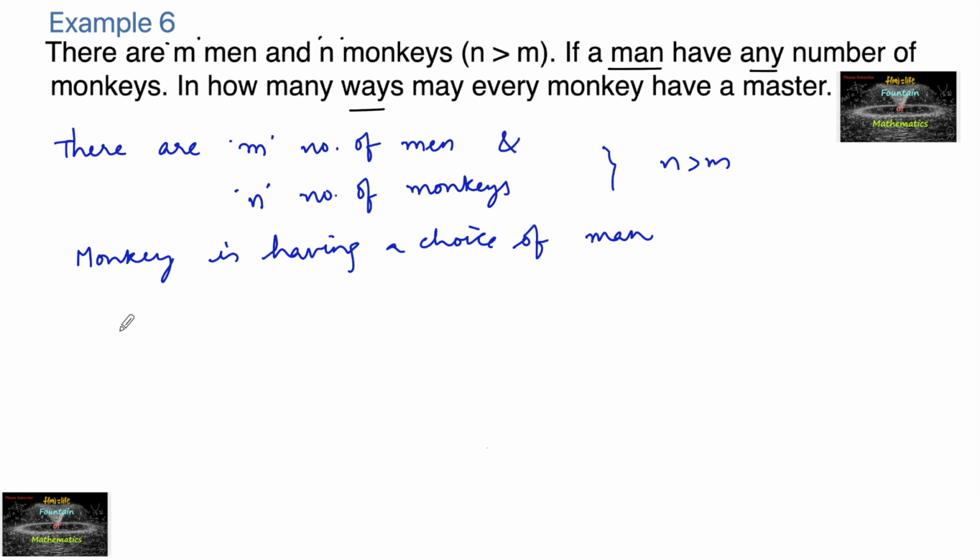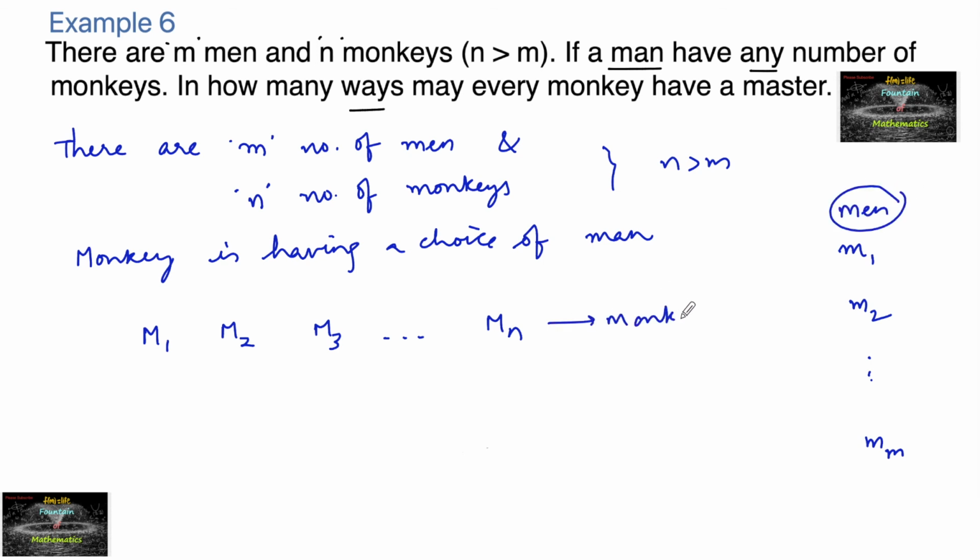So monkey 1, monkey 2, monkey 3, and so on, n number of monkeys are there. Let me write small m here: m1, m2, and so on, mm. These are men and these are n monkeys. Each monkey has a choice of m men.